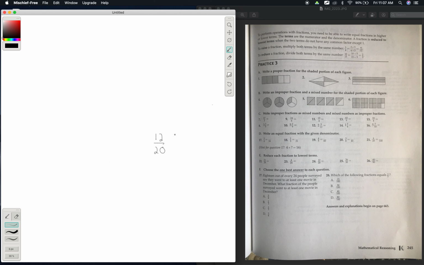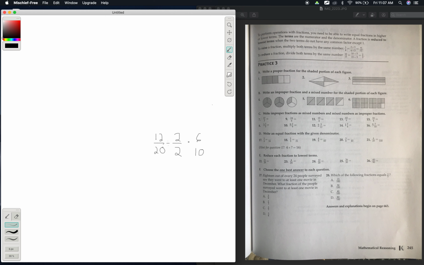So let's use that example. So 2 goes into 12 6 times. 2 goes into 20 10 times. Okay, that was division we were doing.